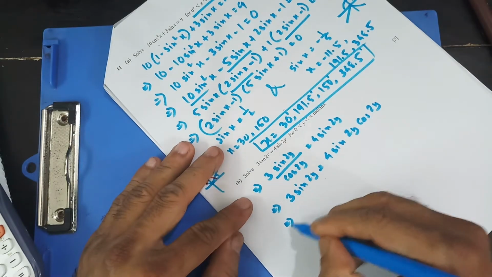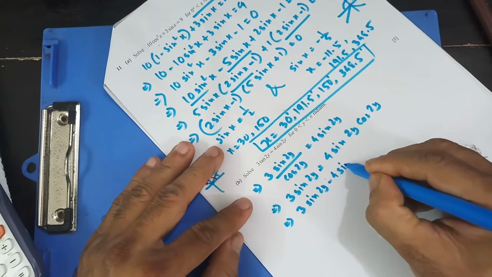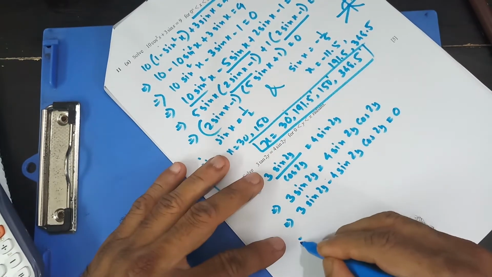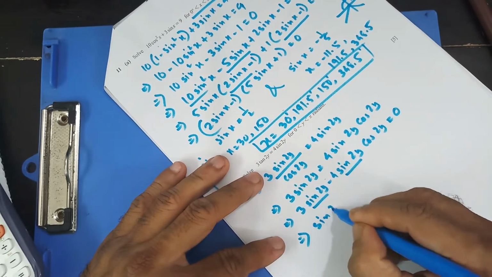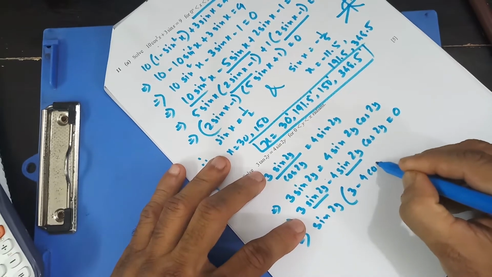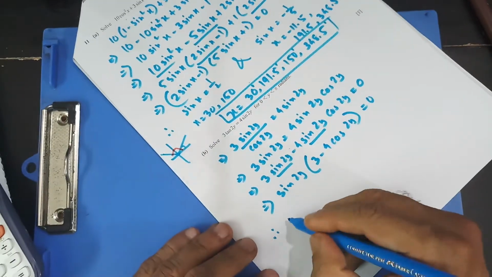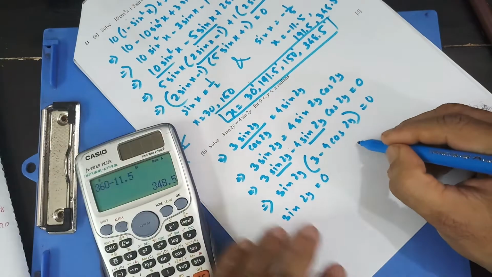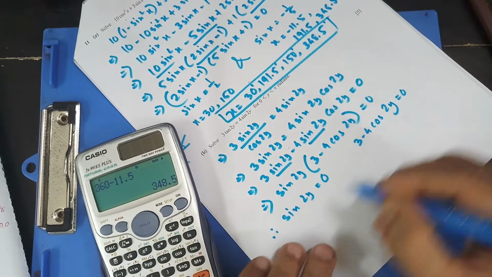Bring this to this side, it's going to be 3 sine 2y minus 4 sine 2y cos 2y equal to 0. Taking sine 2y common, so sine 2y, and over here I end up with 3 minus 4 cos 2y equal to 0. So therefore sine 2y equal to 0, and here 3 minus 4 cos 2y equal to 0.